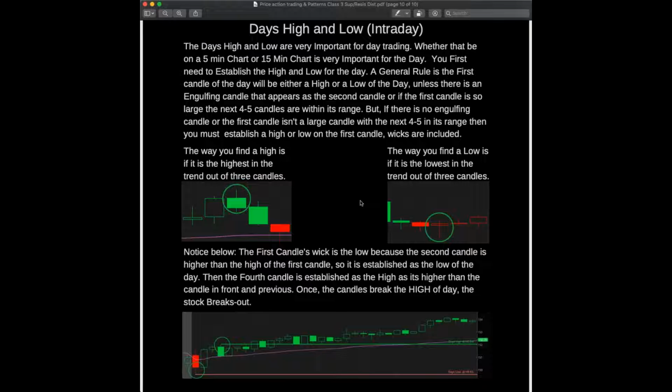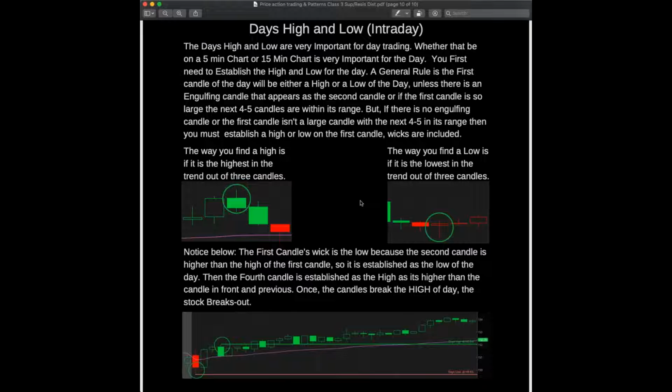With 3 candles, right? So here, a general rule is the first candle of the day will be either your high or your low of the day, unless there's an engulfing candle that appears second that is completely larger than your first candle.